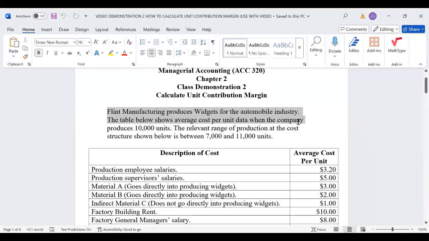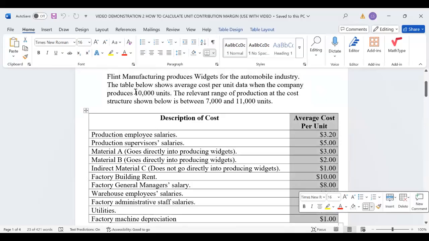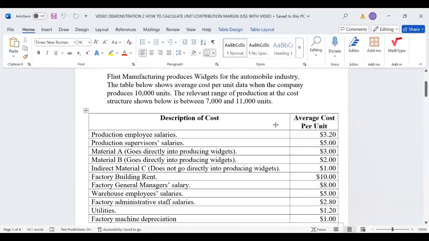The table below shows the average cost per unit when the company produces 10,000 units. You need to stop right there. So what that means is that these are the average cost per unit when you make 10,000 units. Now, why is that important?